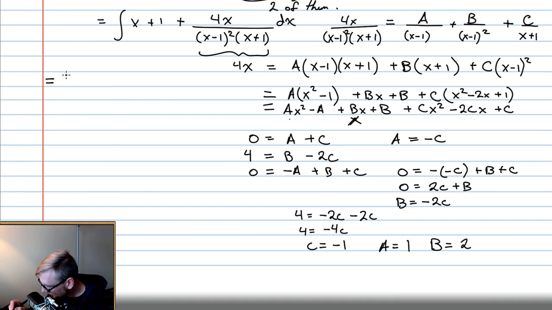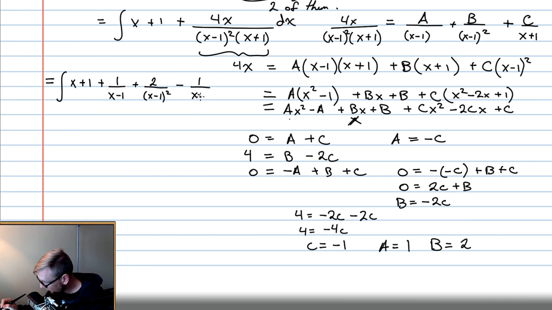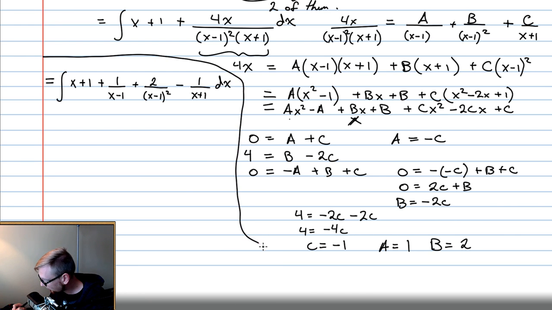There's a lot of work in this one. Integral of x plus 1 plus a, which is 1 over x minus 1, plus b, which is 2 over (x minus 1) squared, and c, which is minus 1, so minus 1 over x plus 1, dx. Now I'm going to draw a little box over here so that this is separate work.